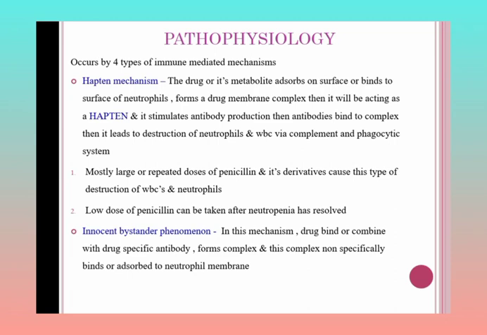In the hapten mechanism, if a drug or its metabolite adsorbs on, meaning binds to, the surface of the neutrophils, then a drug-membrane complex will be formed. This drug-membrane complex acts as a hapten. The hapten stimulates antibody production, and the antibodies then bind to the complex.